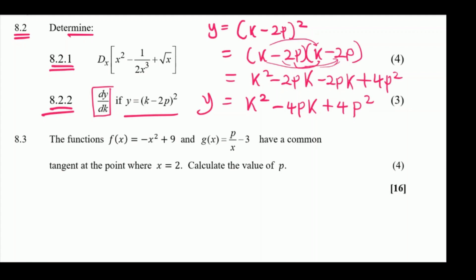So we're going to derive the expression of y with respect to k, right? So we derive this k squared, so it's going to be 2k. And if we derive this, it's going to be minus 4p, because we're deriving it with respect to k, right?